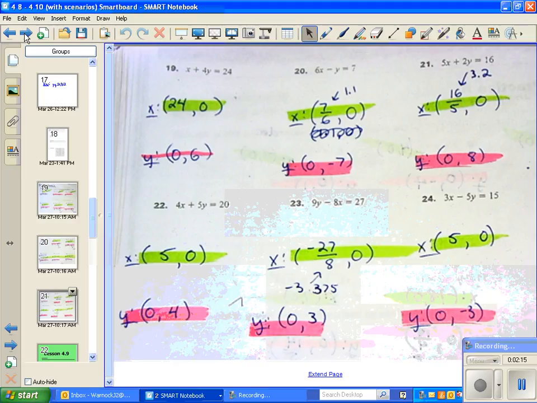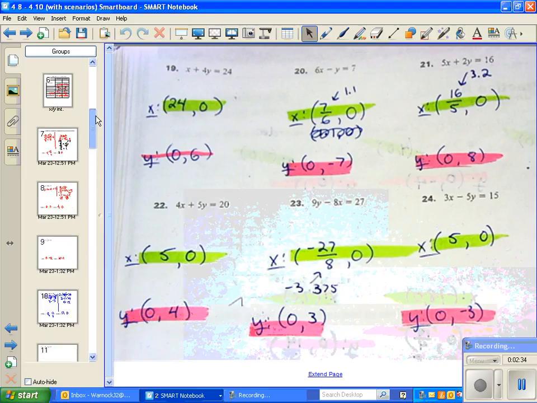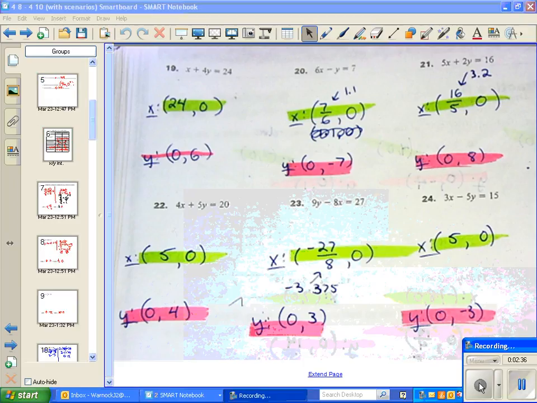Okay, everyone get out your notes from yesterday. Flip to your chart, the chart page. Okay, in your notes, turn to section 4.9.